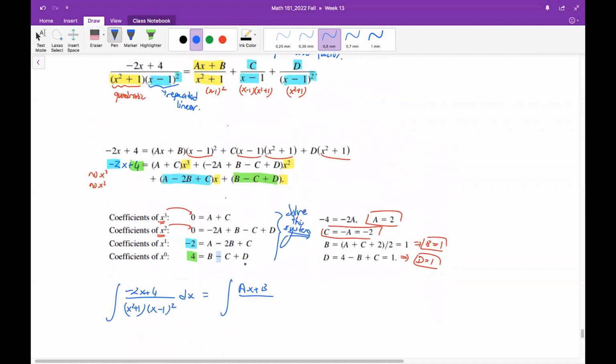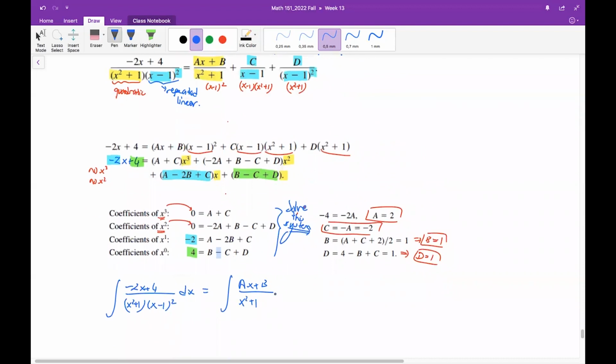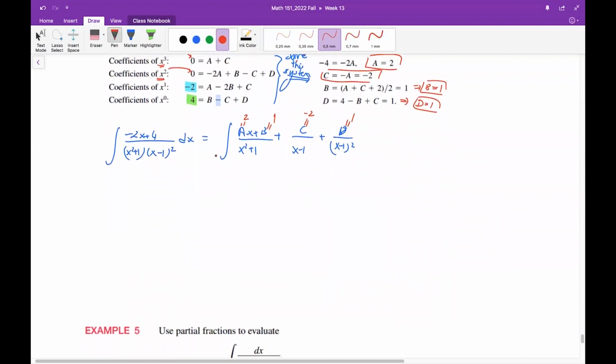So this was the structure, Ax plus B over x squared plus 1, plus C over x minus 1, plus D over x minus 1 squared, as it is the repeated linear factor, like this. And we solved all the coefficients. A is solved as 2, B is 1, C is -2, and D is 1. Now I think we are ready to integrate it.